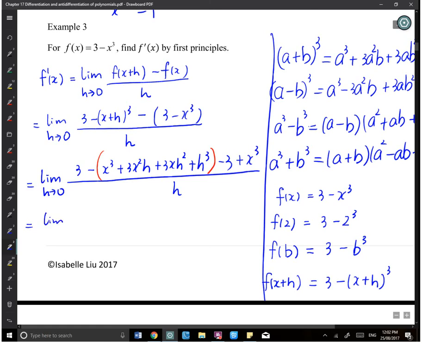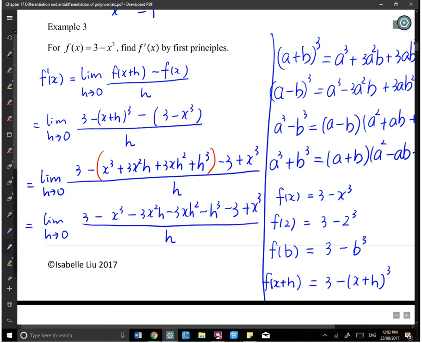That's the limit as h approaches 0 of 3 minus x cubed minus 3x squared h minus 3xh squared minus h cubed minus 3 plus x cubed, divided by h. So what I'm going to cancel is those two and those two.